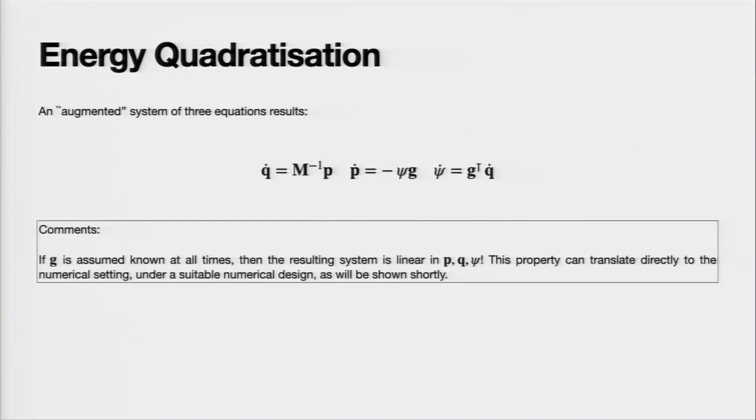Meaning that if you're smart in the way you design the numerical algorithm that integrates these equations in time, then you're going to end up with a structure that is linear by definition. And that means that you can do very difficult nonlinear problems using probably very easy techniques that come from linear theory. And that's the reason why we want to work with this augmented system rather than the original Hamiltonian system.